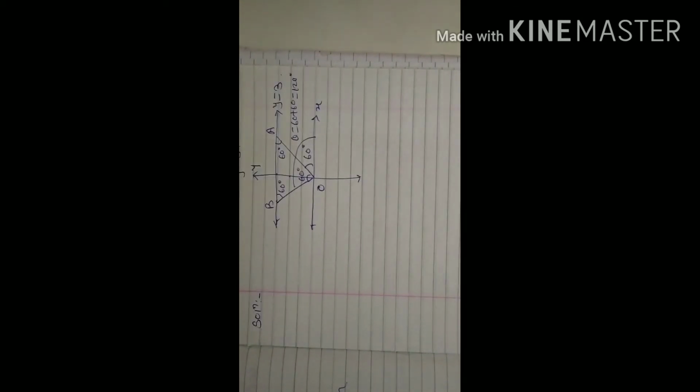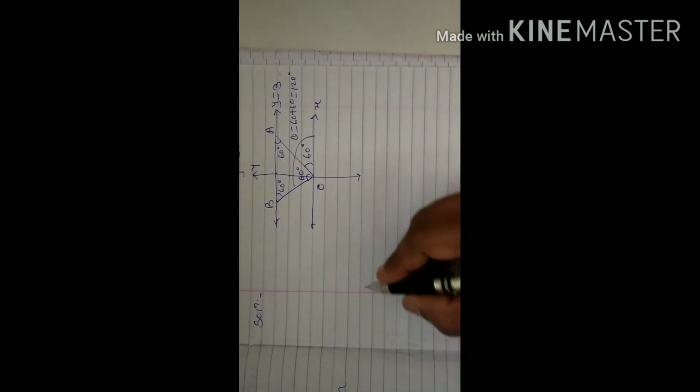We know that the equation of a line passing through the origin is y is equal to mx.